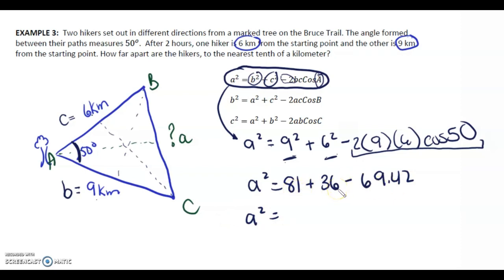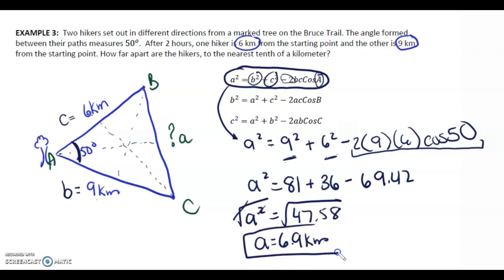So I'm going to do 81 plus 36 minus 69.42, and I'm going to get 47.58. Okay, at this point, we found a squared, but we want to find a. So now we have to cancel out the squared with the square root. So we root both sides, and we get a equals 6.9 kilometers. Okay, and that satisfies the nearest tenth of a kilometer.